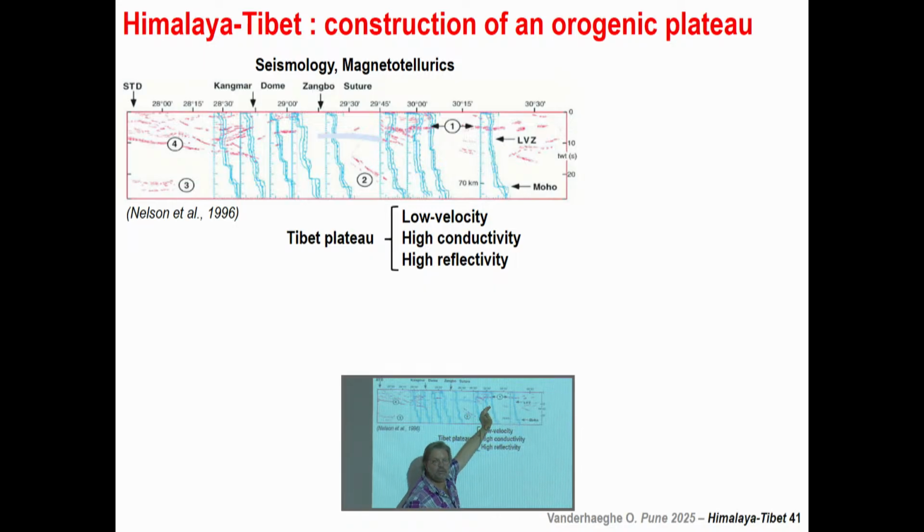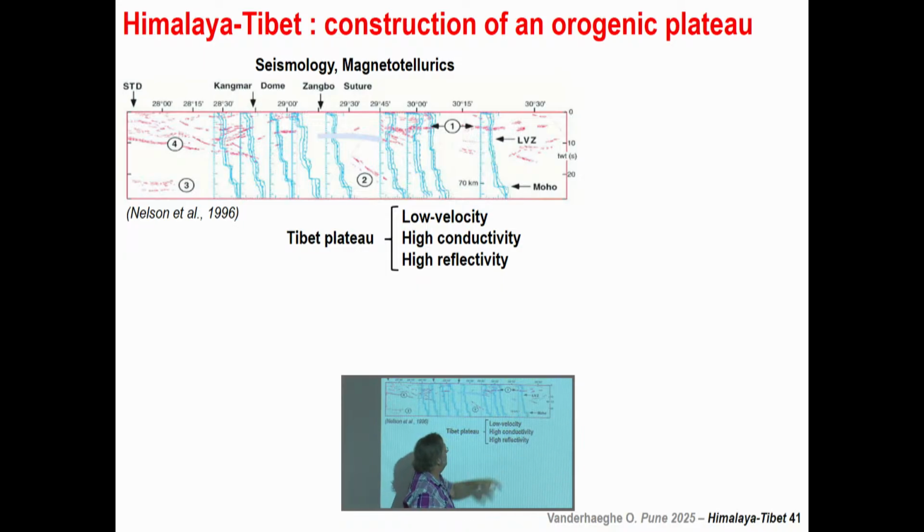That's a zone of low velocity. Not at the base of the lithosphere, within the crust. Within the crust, you have a low velocity zone that goes almost all the way to the Moho. The Moho is here. And you have a low velocity zone in the crust, which matches also with the high conductivity. And the top of this low velocity zone matches with the high reflectivity.